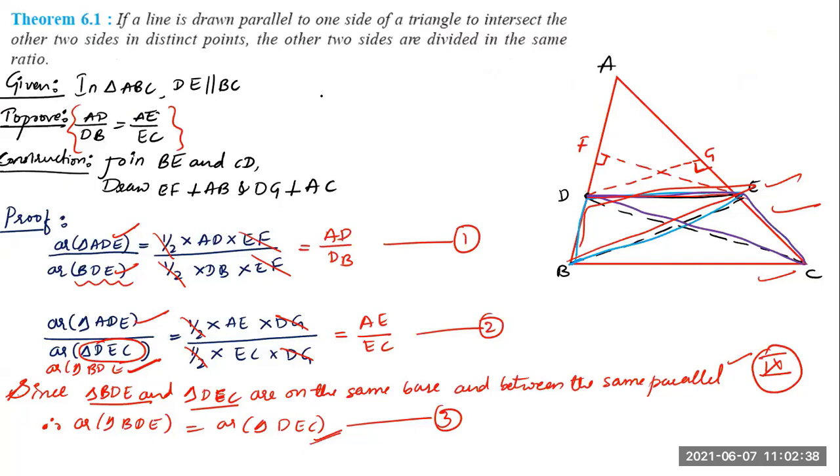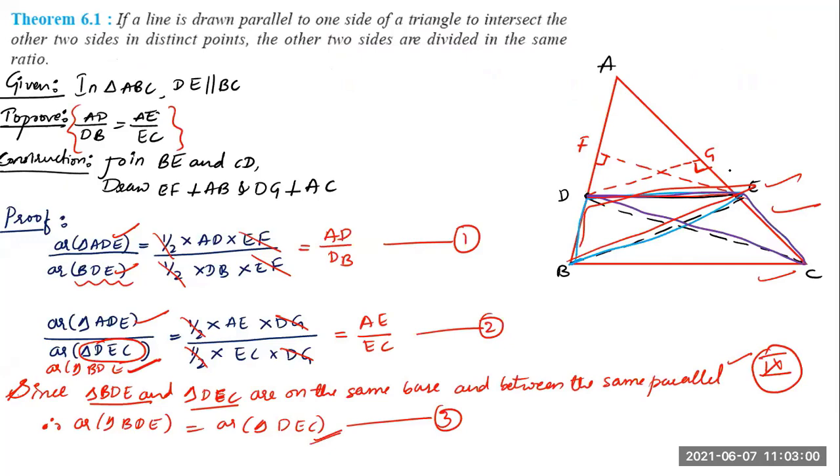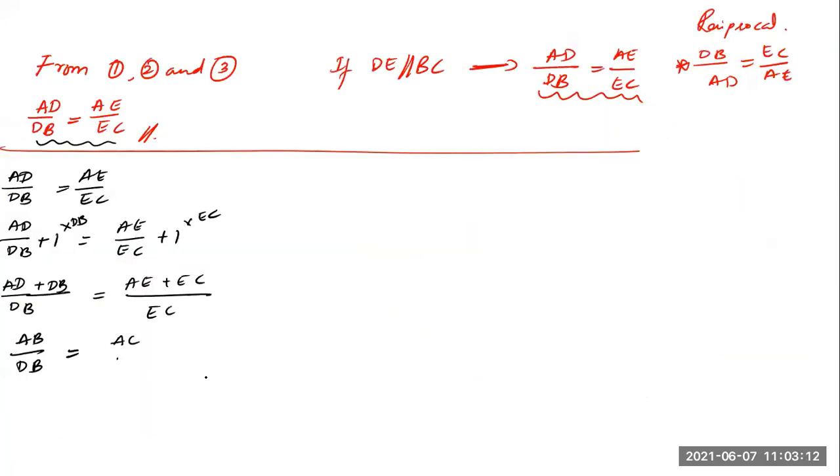So you can write AB there. So this is AB by DB is equal to AE plus EC, AC by EC. So this is another relation.